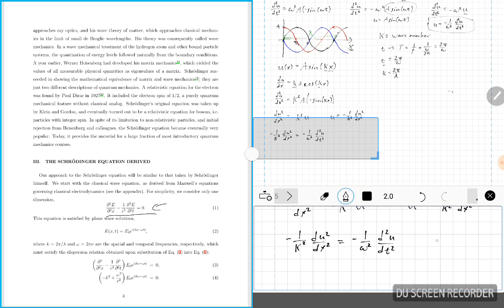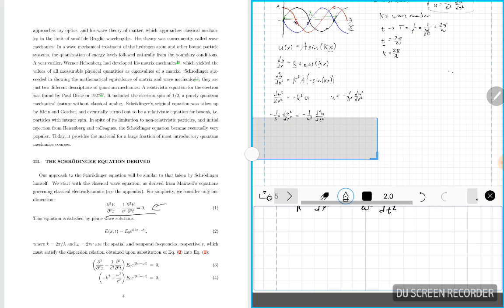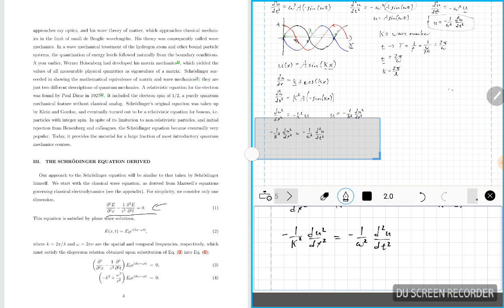So what I have here is, I don't have a c yet because we started way further back than they did, but I could wrap that all up into just one constant here.